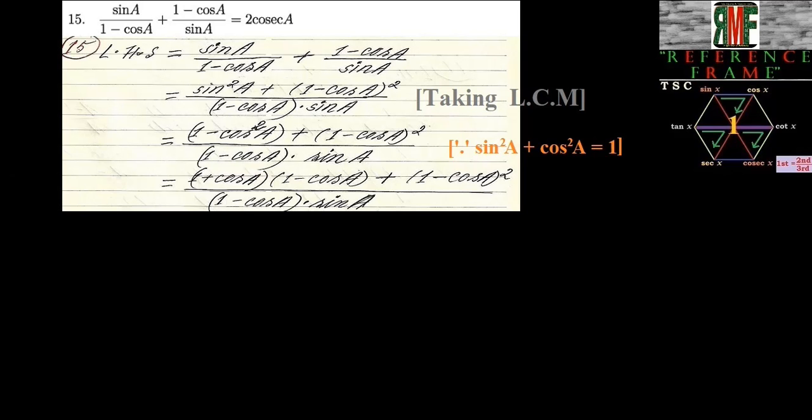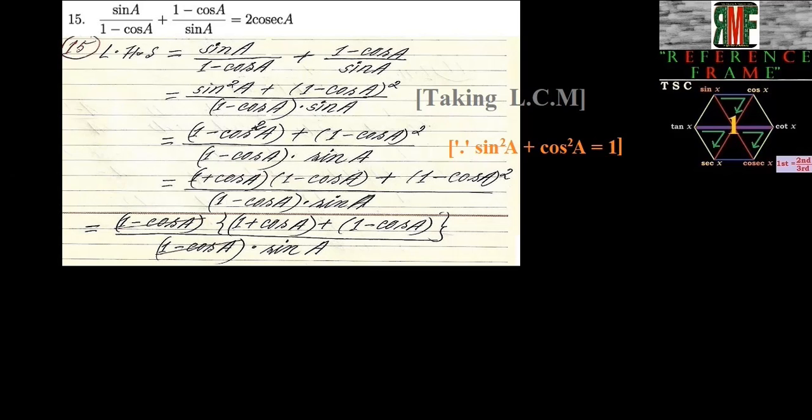Okay, now we're going to take common. What are you going to take common? Look, in the numerator we take common 1 minus cos a from both expressions. So what are you going to have? If we take common 1 minus cos a from the first expression, inside the second bracket we have 1 plus cos a, plus for the plus sign before the second expression, and from 1 minus cos a whole square we take common 1 minus cos a.